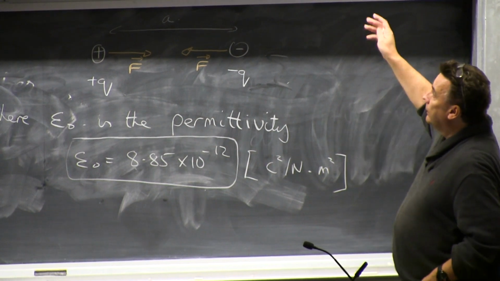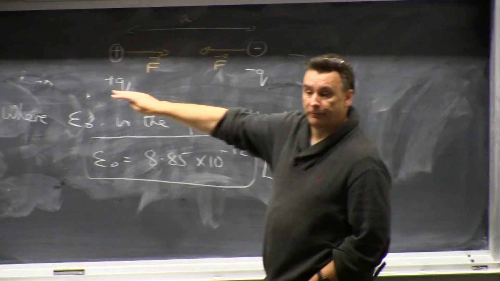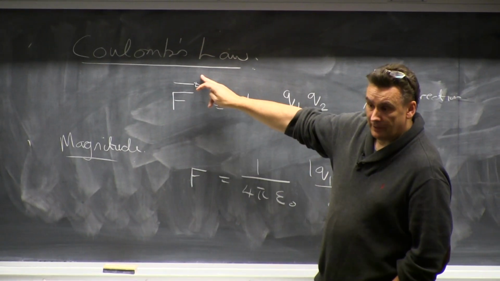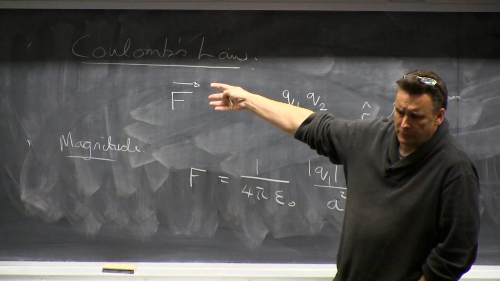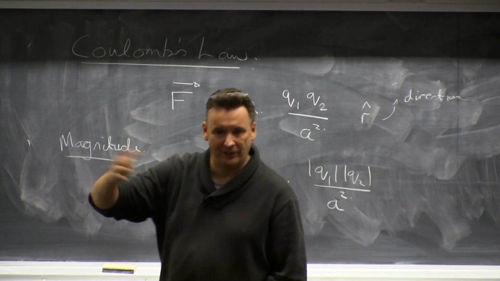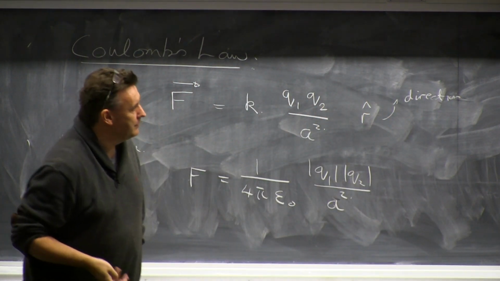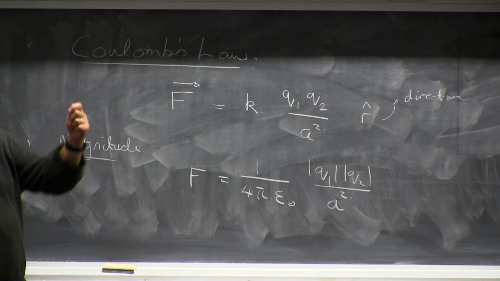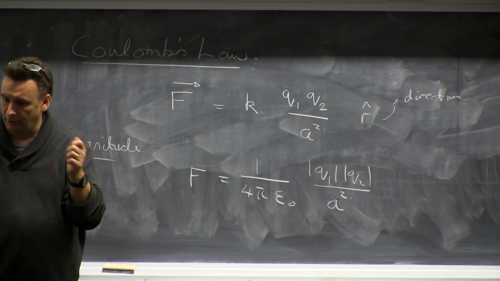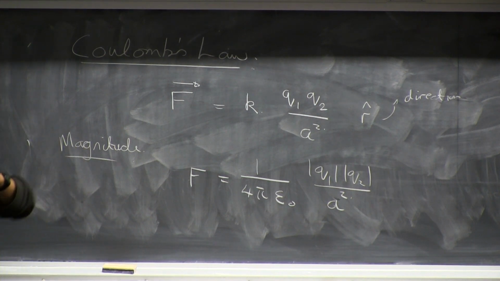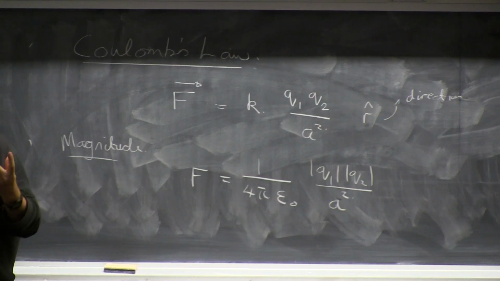Okay, so we can now work out a force. And we know the force is a vector. The introductory lecture was on vectors, but you're mechanical engineers, so you're used to forces and directions, and you'll find this bit relatively straightforward. If I've got two charges, I've got a force on A due to B and on B due to A. If I've got three charges, what happens?